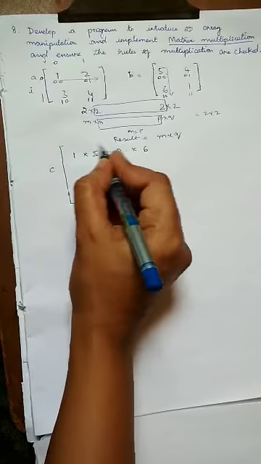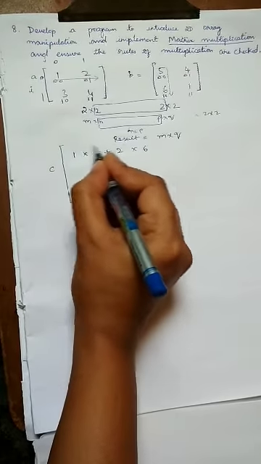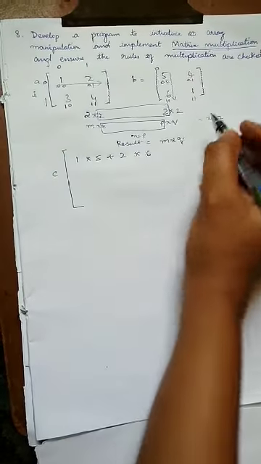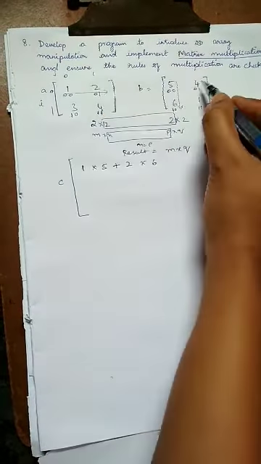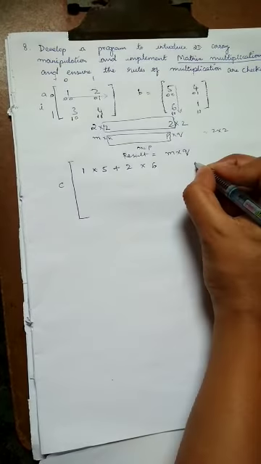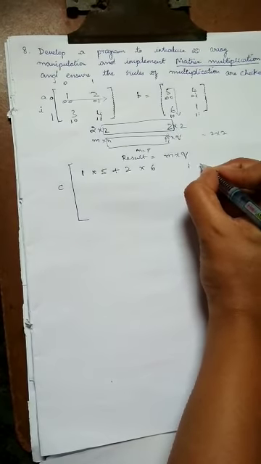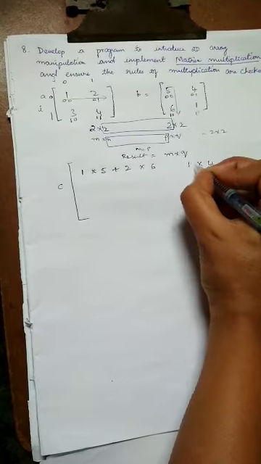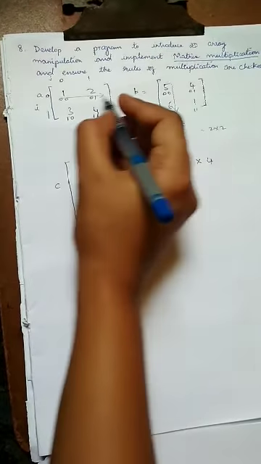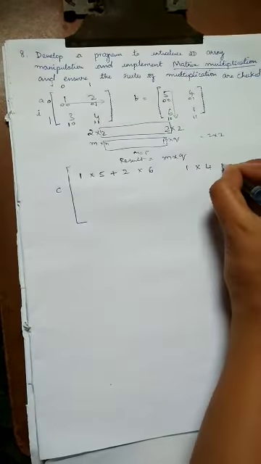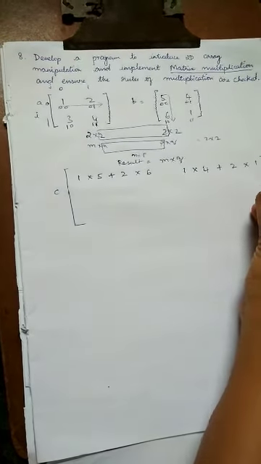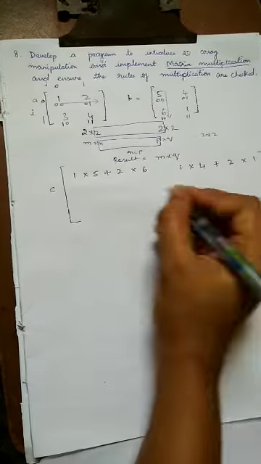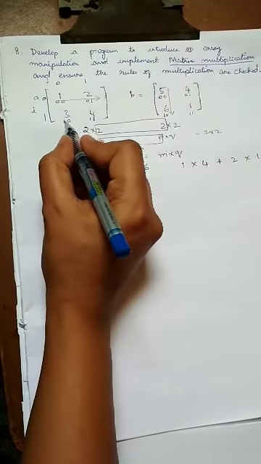So this will give you the resultant answer, right? So next, what we have to do? First row into second column. So that we have to write it here, right? 1 into 4. Next 2 into 1. So plus 2 into 1, you can write. Okay. Then we have to go to the next row.